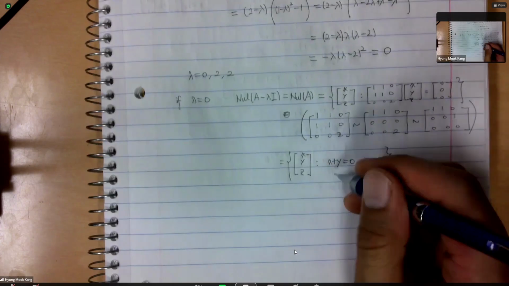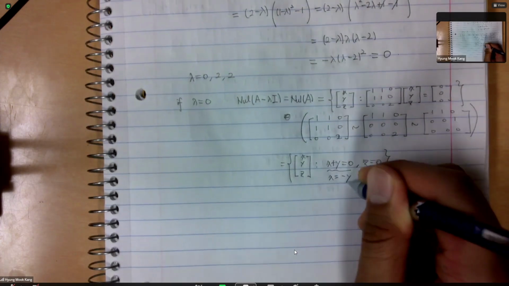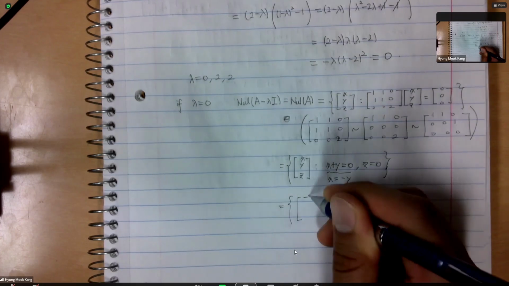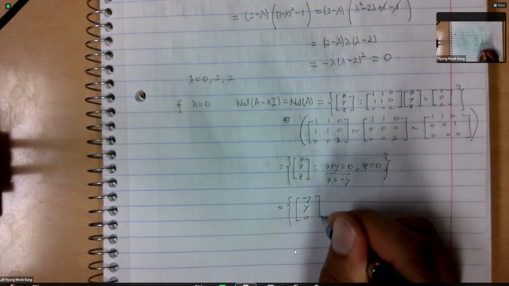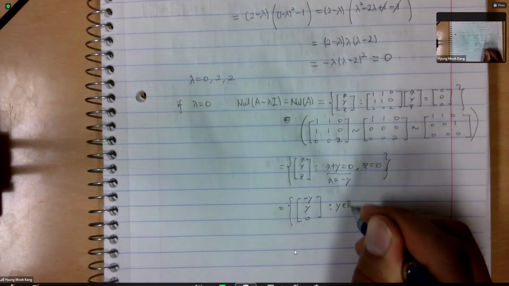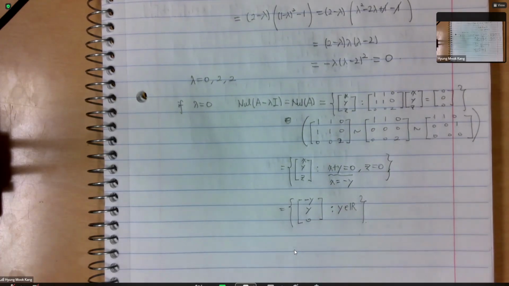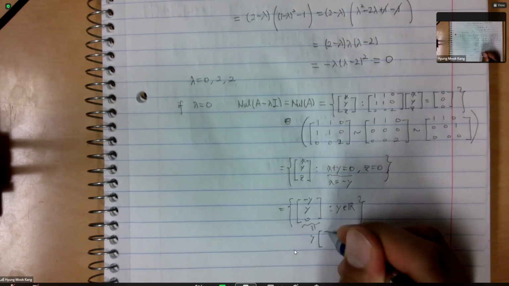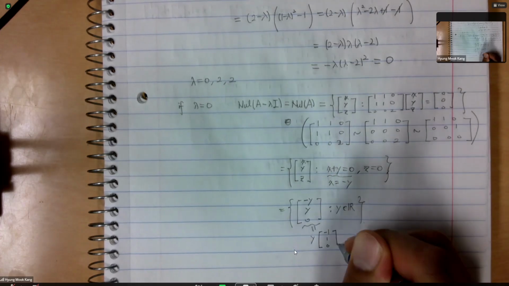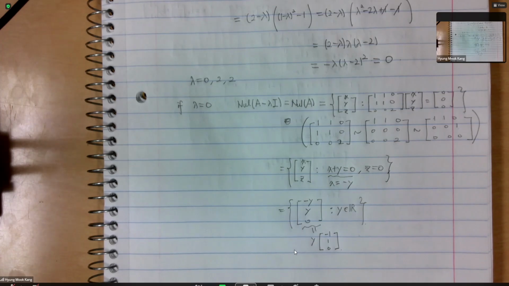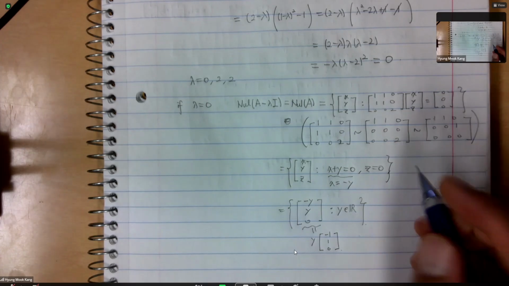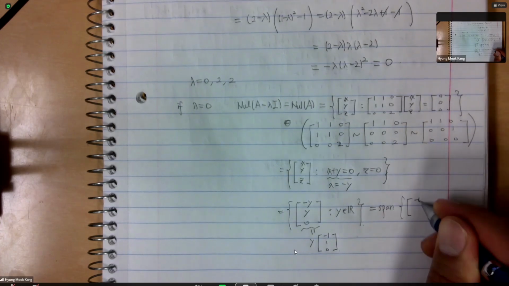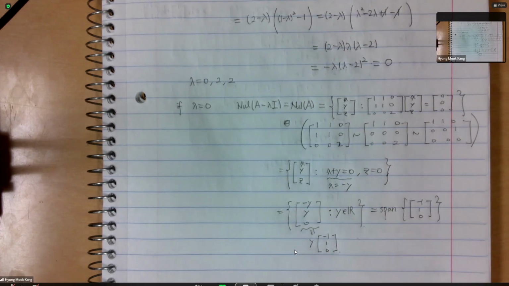So x equals negative y, and z equals 0, where y just varies. Our vector negative y, y, 0 is y times negative 1, 1, 0. So basically, the set is all the multiples of negative 1, 1, 0. Basically, it is the span of negative 1, 1, 0. We got our eigenspace here.